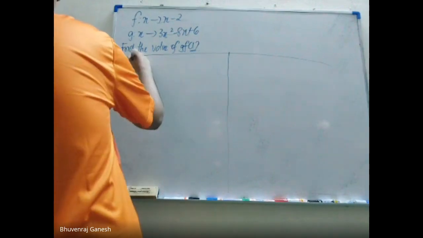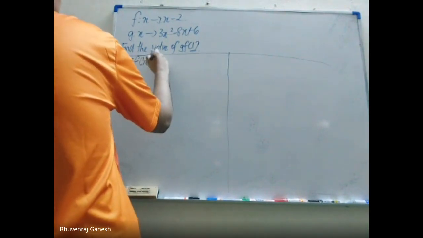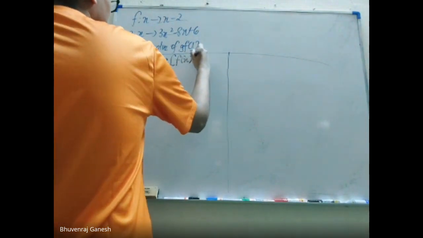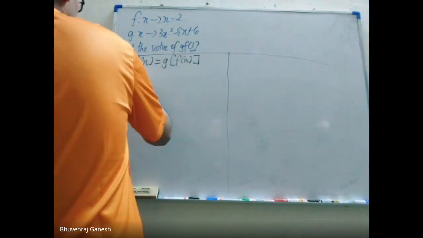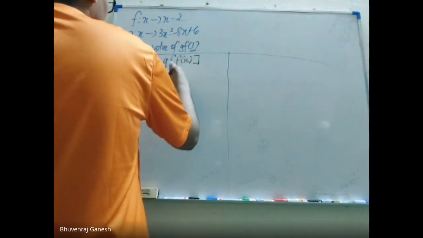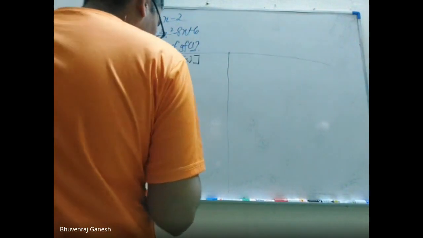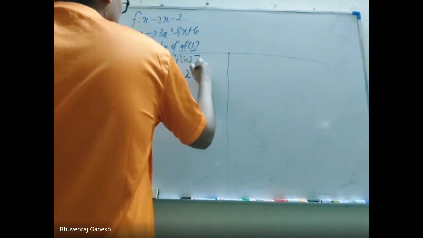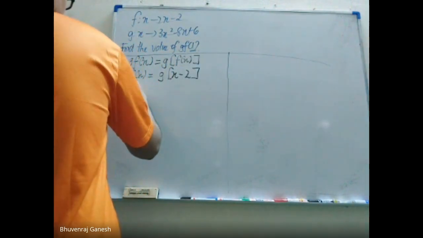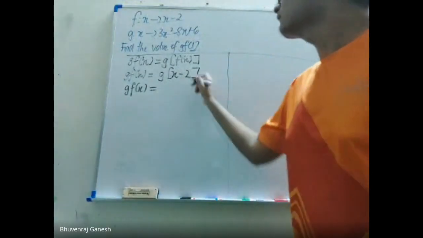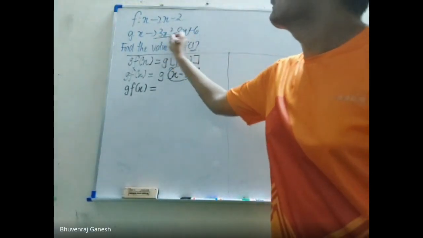So let's say we have to find the composite function first. gf(x) is equal to g bracket f(x). So your gf(x) will be g of f(x), and your f(x) is x minus 2. So you have to substitute your x minus 2 into the function g, which means in all the x areas you have to substitute.